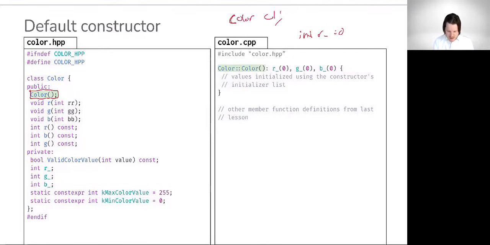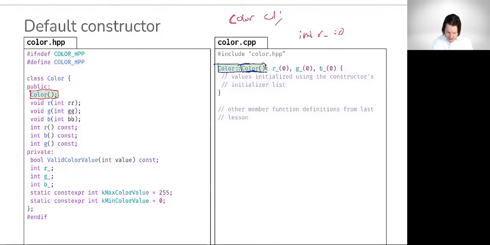But as always, moving from our declarations into our definitions in the corresponding source file, we see here that the constructor we are defining is scoped within our color type, as noted by the name of the type followed by the scope resolution operator. The function for color that we're defining is color's default constructor.